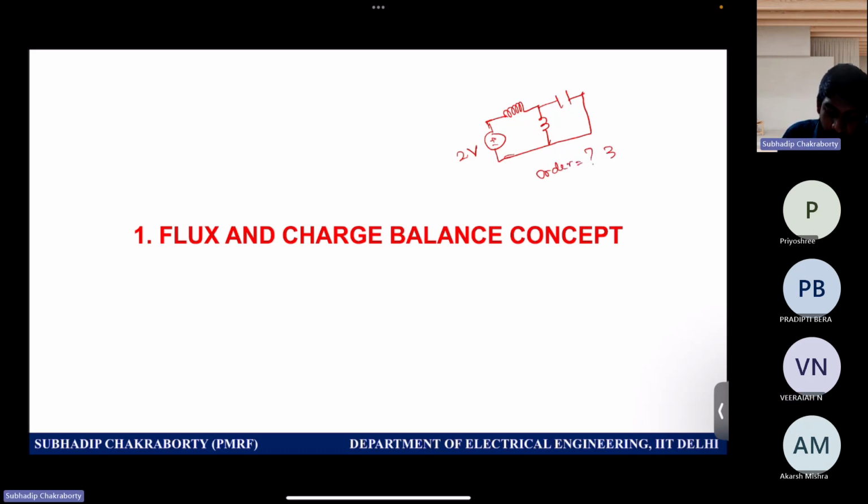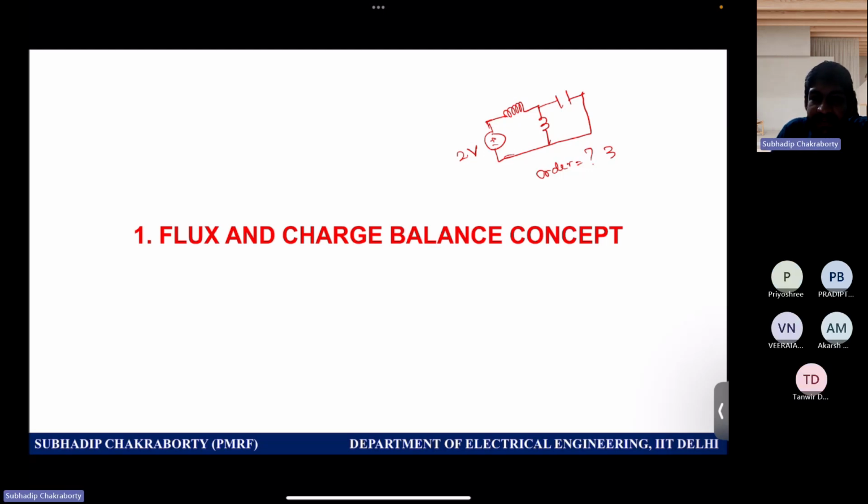Yes. The order of the circuit is simply the number of storage elements, right? In electrical engineering, we have the inductor and capacitor as the storage elements. So the number of storage elements determines the order of the system. It is nowhere related to the forcing function. So the order is 3.